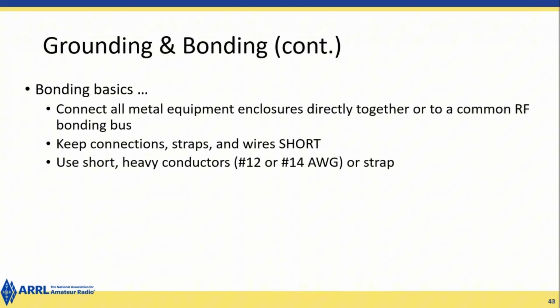Which of the following would reduce RF interference caused by common mode current on an audio cable? Ferrite choke on the cable. A. How can the effects of ground loops be minimized? Bond all the equipment enclosures together. Yep.